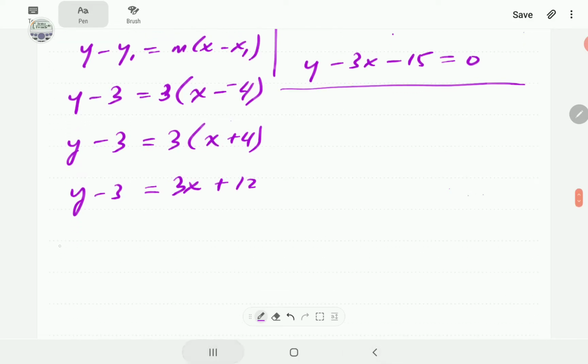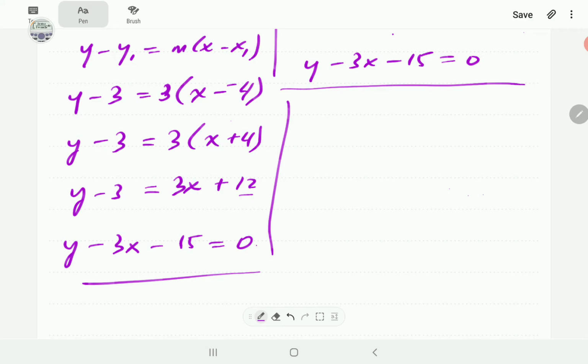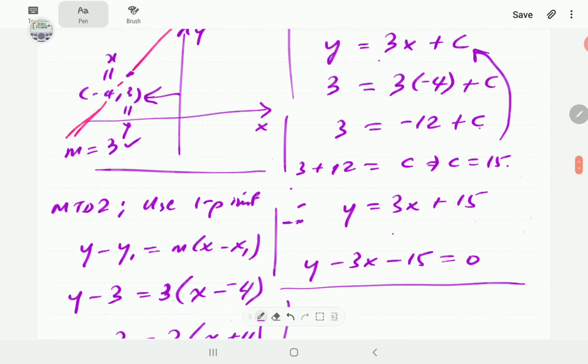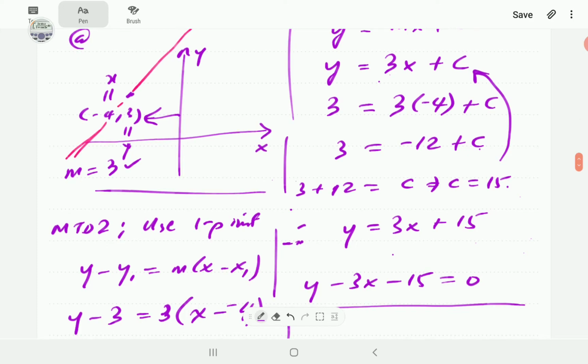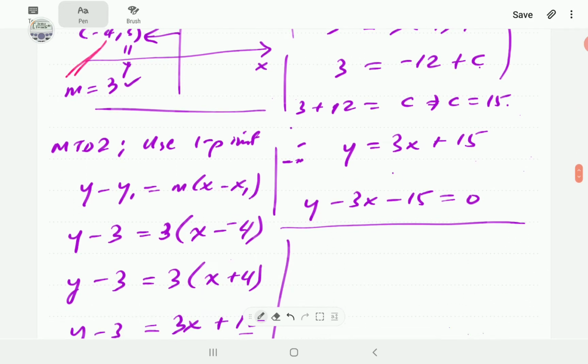Then we bring everything to the left hand side, so it's going to be y minus 3x, bring 12 this side, is going to be minus 3 minus 12. So that is giving us the same equation as we found before. Both methods are equally acceptable.